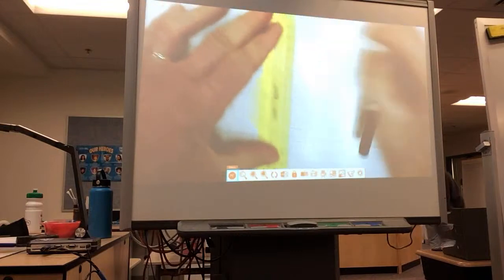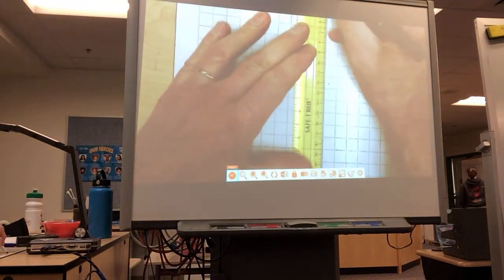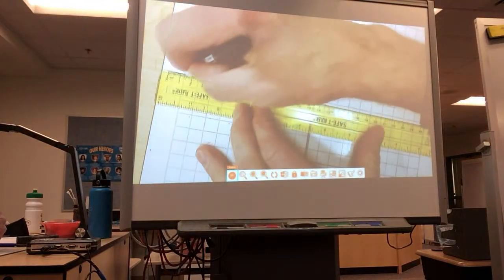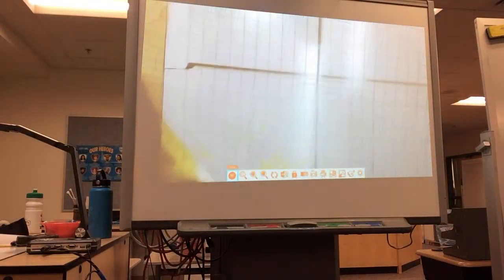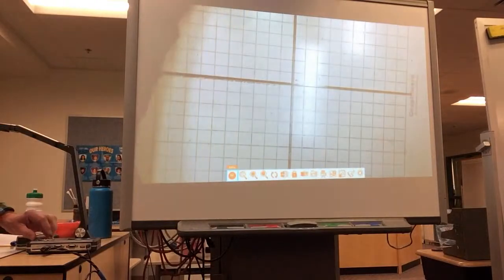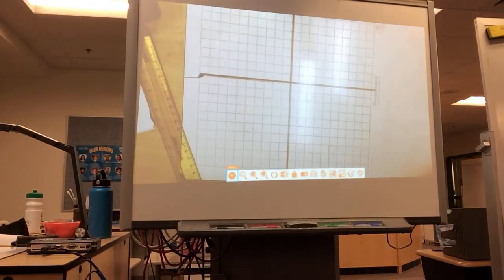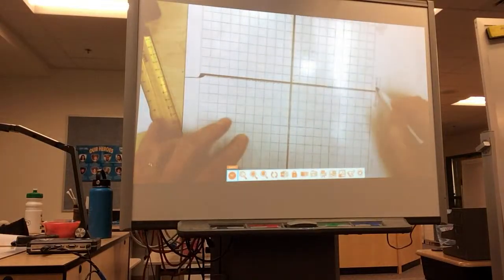So let's just do this right here. How much of it can you see? Not very much, huh? Let me see if we zoom out as far as we can. There it is. Okay, so there's my y-axis and here's my x-axis.